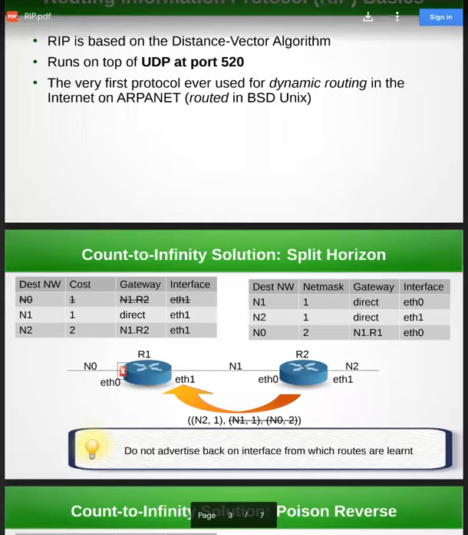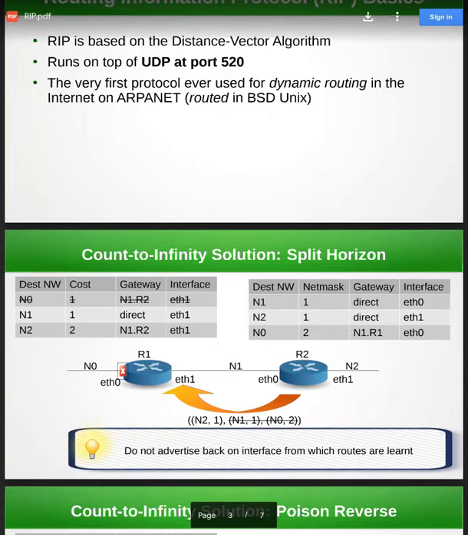Okay, so the first solution is this: do not advertise back on the interface from which routes are learned, or do not advertise back to the person who informed you. Somebody tells you something, you don't tell them back the same thing. So this is still not saying that I'm adding a cost of 16 here.